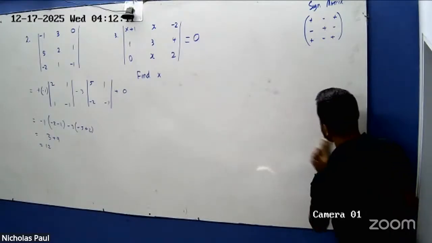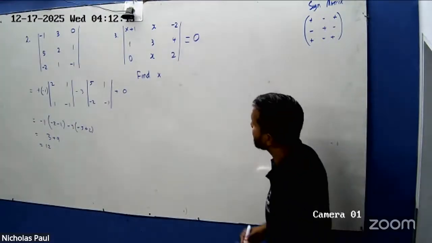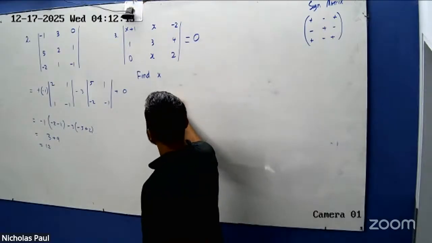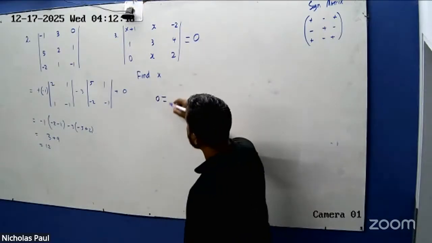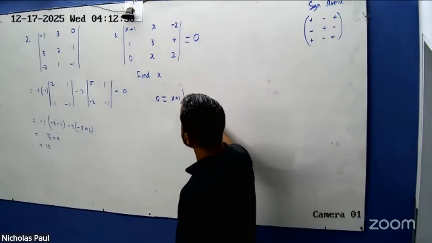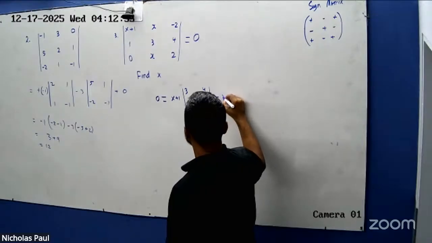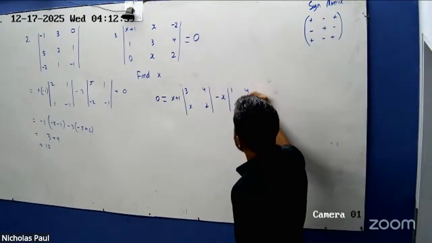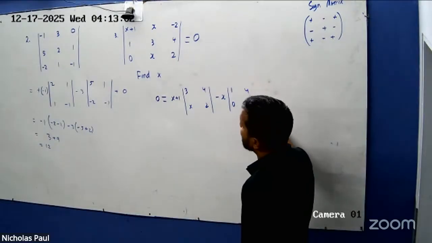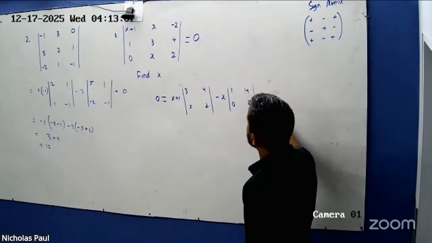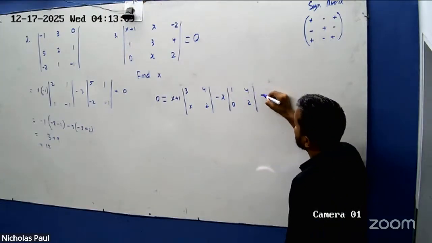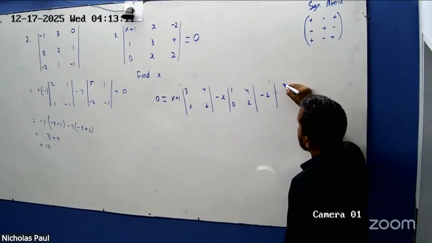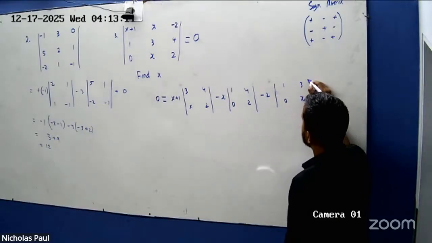Which will you all use? First one? So we know the determinant is 0, right? So x plus 1 by 3, 4, x squared minus x by... I get 1, 4, 0. I'm now working it out. I get 1, 4, 0, 2. It should be a whole number. I get x equal to 1 and x equal to -2.